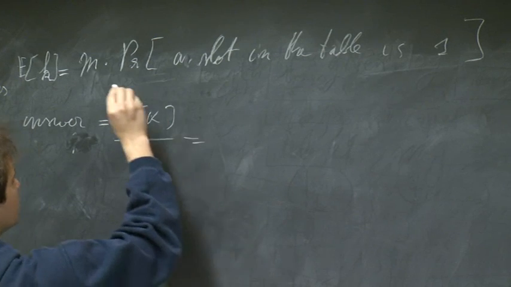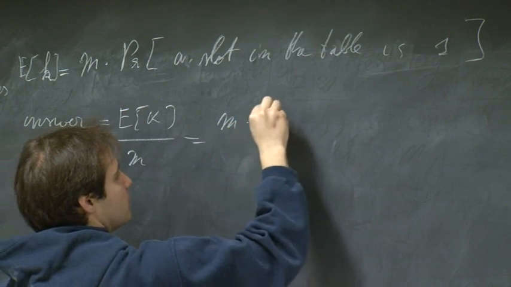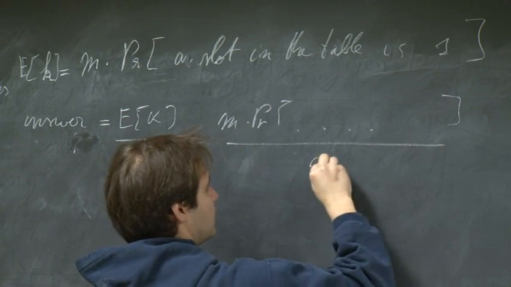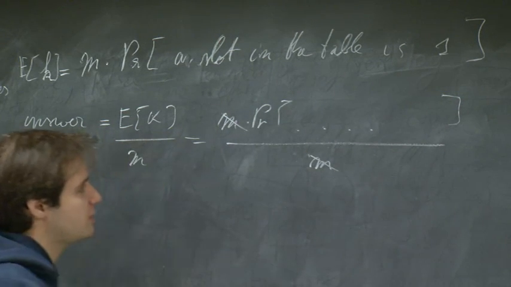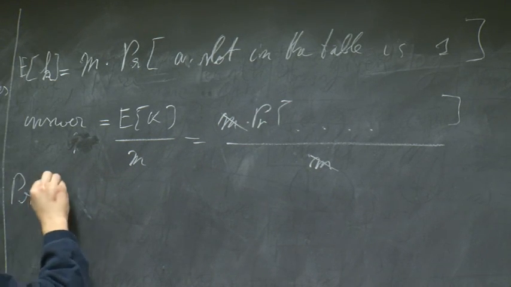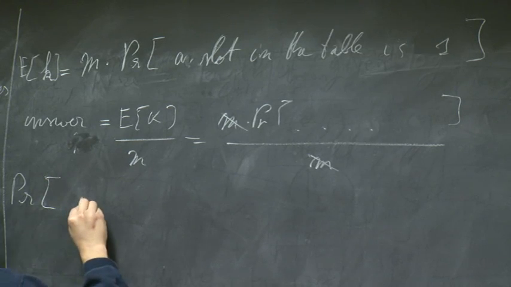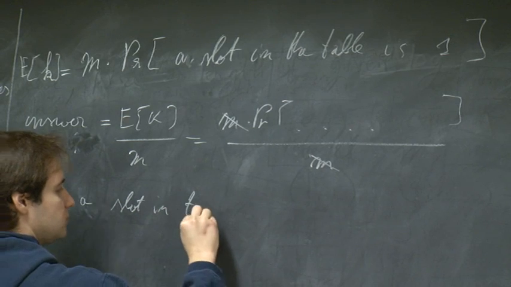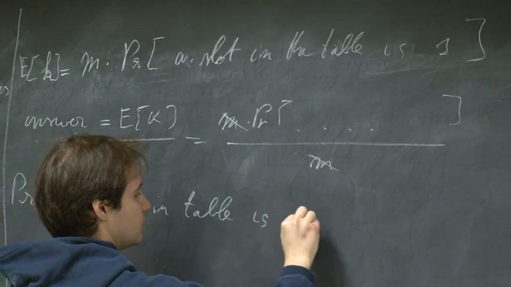So this is m times this probability divided by m. So it is exactly this probability. So the thing that we want to focus on is what's the probability that a random slot in the table is a 1.